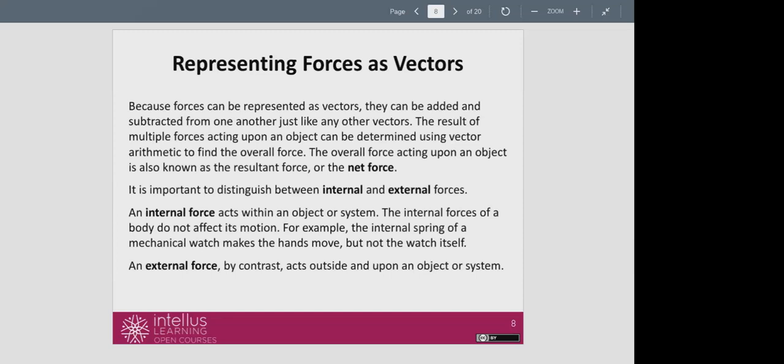If they're pointing in opposite directions, then you subtract them. And when you add or subtract forces, you get a resultant force or the net force. That's a very important term, the net force. Okay, the net force is what you get when you combine multiple forces.